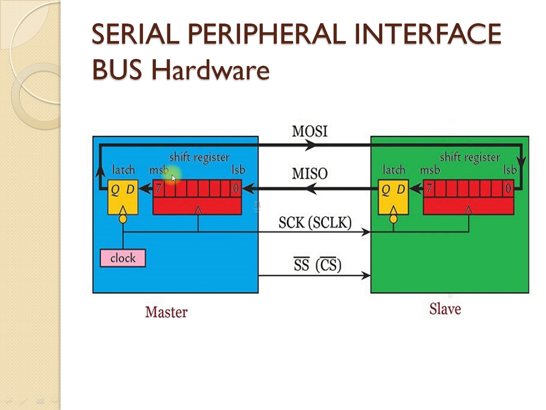This pin is connected from the Q of the latch present in the master to the shift register in the slave. That connection terminates at the LSB of the shift register. After getting the data from the master, the data will be shifted into this shift register and it will be latched so that the processing can be done inside the slave.